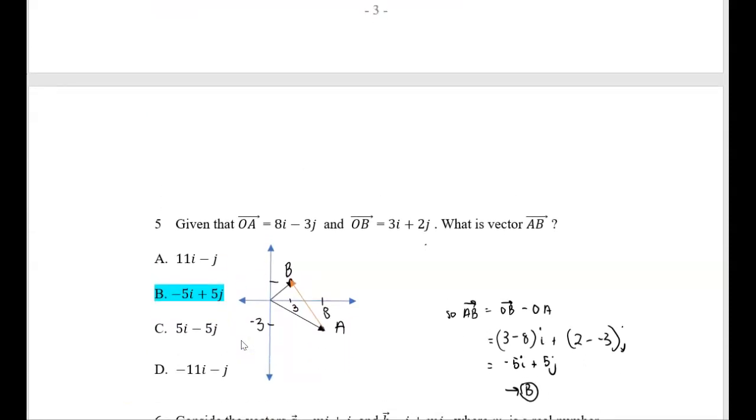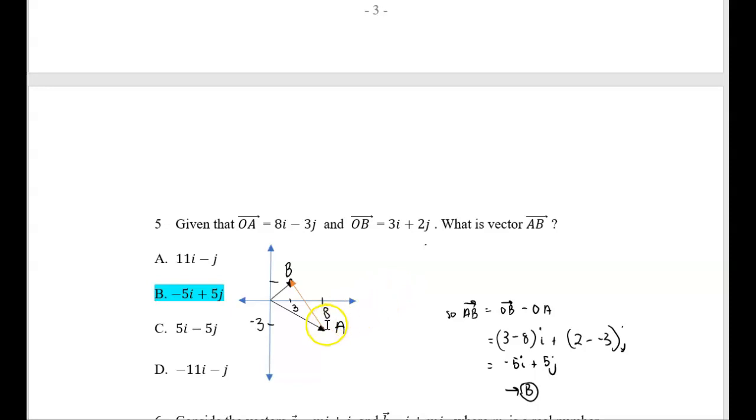Part 5, given that vector OA is 8i minus 3j, so that's that vector down there, OA, and OB is 3i plus 2j, so that's that one up there, OB. What is the vector AB? I generally recommend drawing yourself a diagram for these ones, even if it's only a sketch.